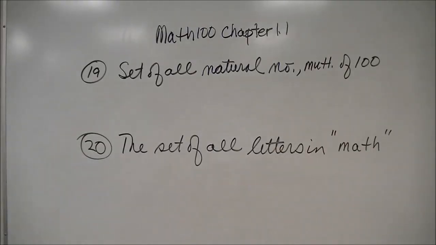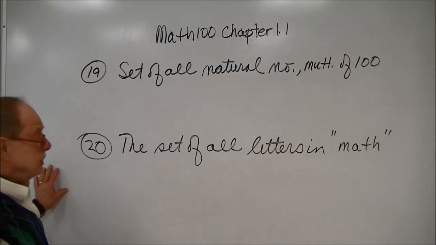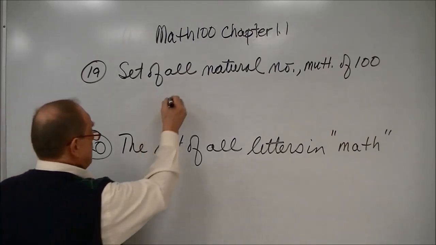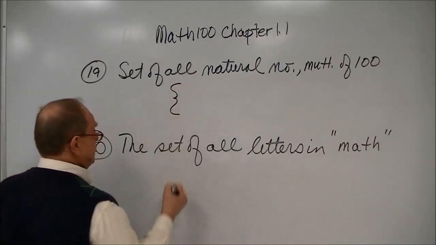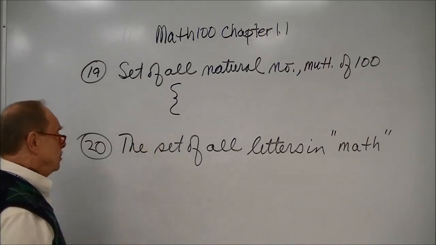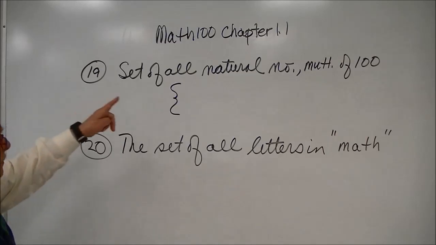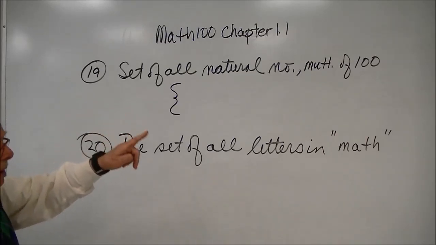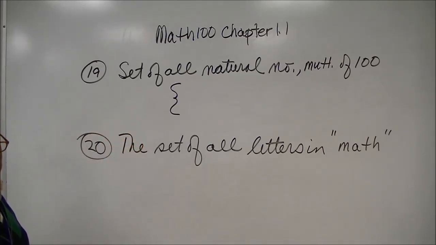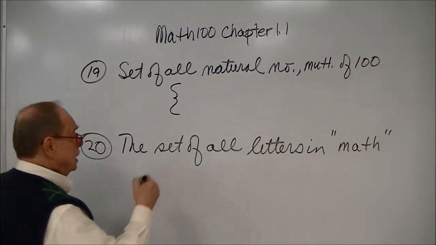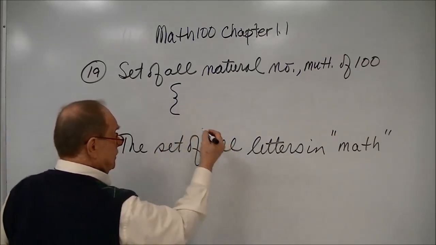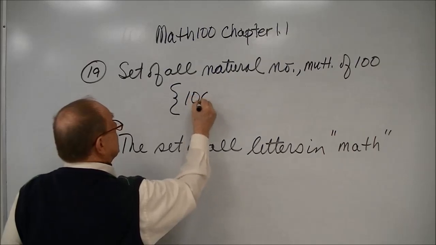Here we're going into some set builder notation where we're going to put our values using a bracket, or brace I should say, the set of all natural numbers that are multiples of 100. Well, the first natural number that is multiple of 100 is 100.